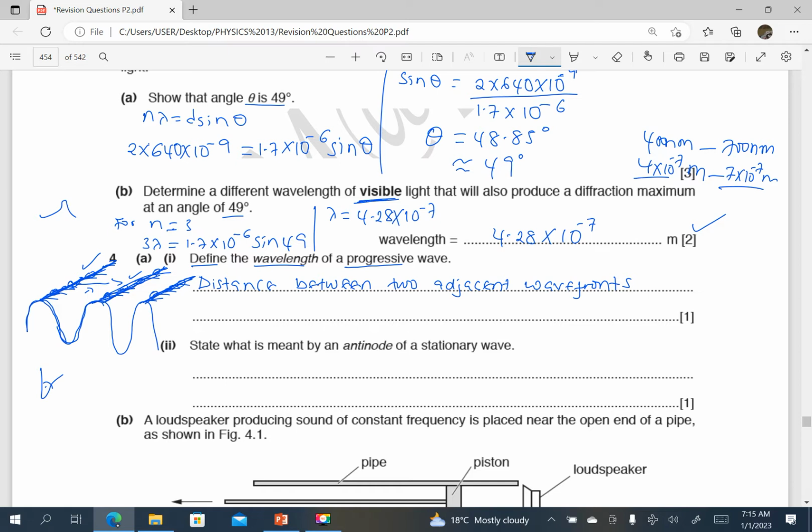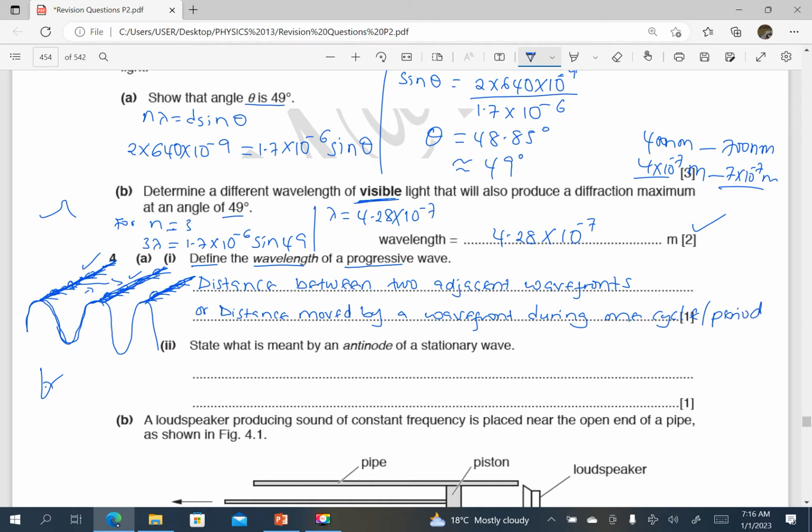Or you can call it the distance moved by a wavefront during one cycle, or during one period, during one oscillation, and so on and so forth.